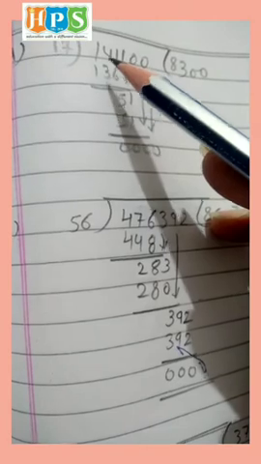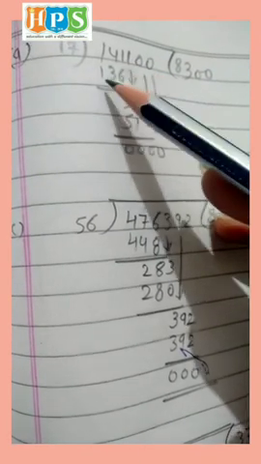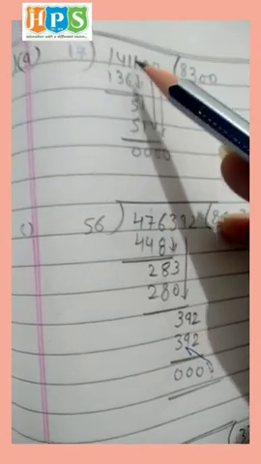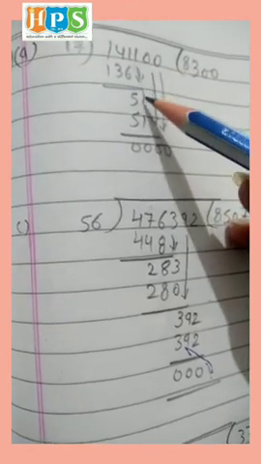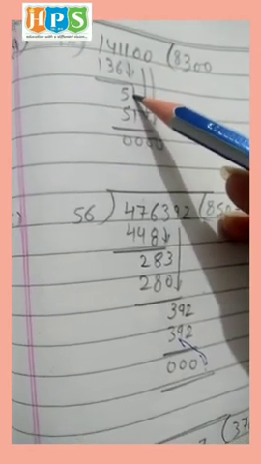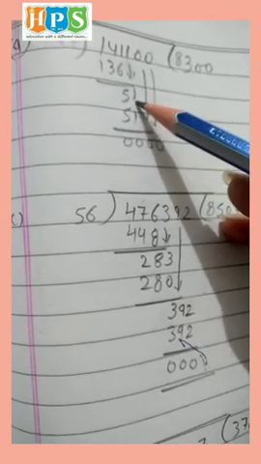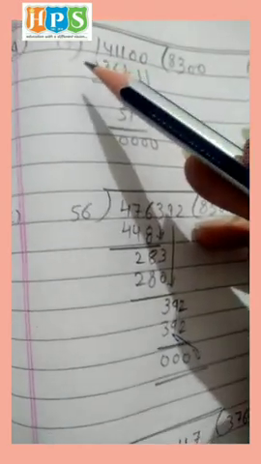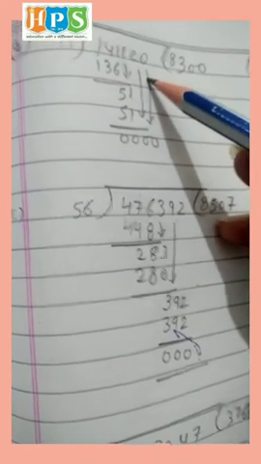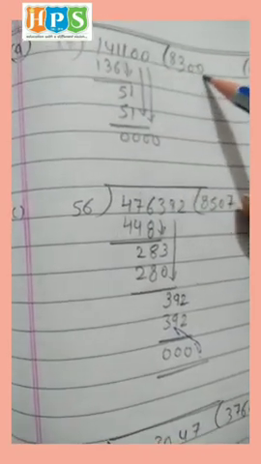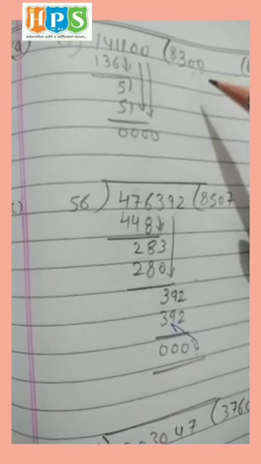Then subtract 141 minus 136. 11 minus 6, 5. We write the next digit 1 to make 51. 17 3s are 51 and left 200. Then we write in this number the quotient.